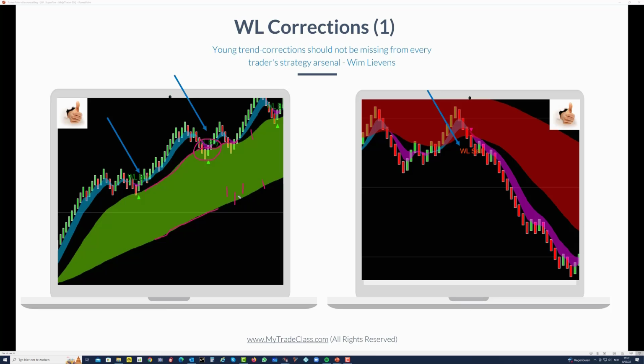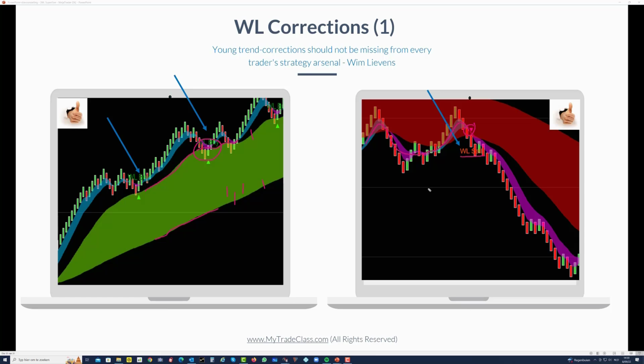And then you have the fourth option, which you can see on the right side of the screen. You can see here the smaller cloud and the WL momentum, which changes color all the time, actually changes color here at this spot. You see the little triangle there, the alert and the WL sell, is when this color change happens, or where the WL momentum changes direction again in the same direction as the WL trend.